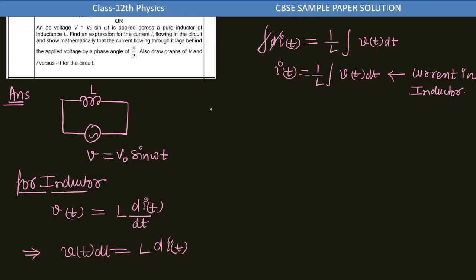So just write down the value of this V(t), which is equal to V naught sine omega t. Okay, so this I(t) now will become 1 by L integration V naught sine omega t dt.